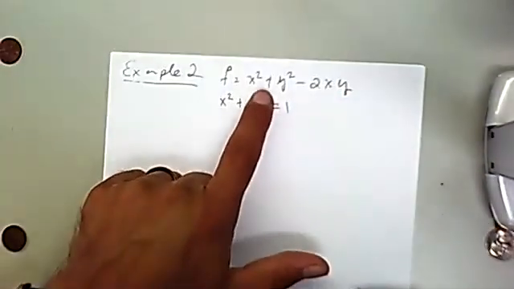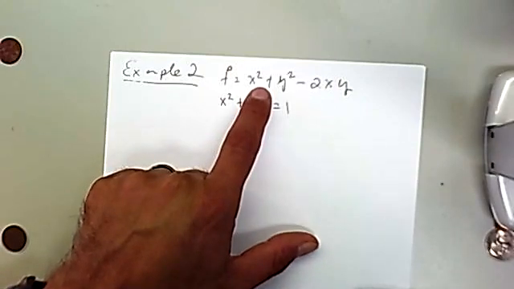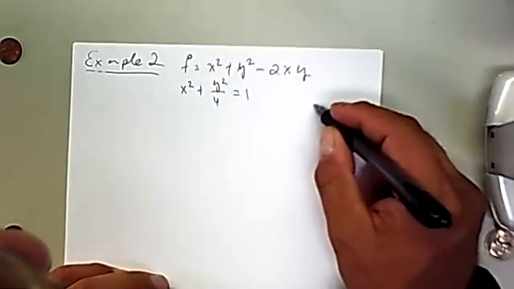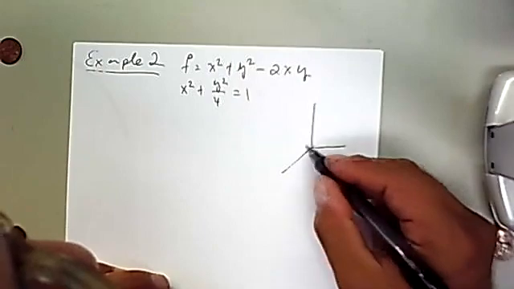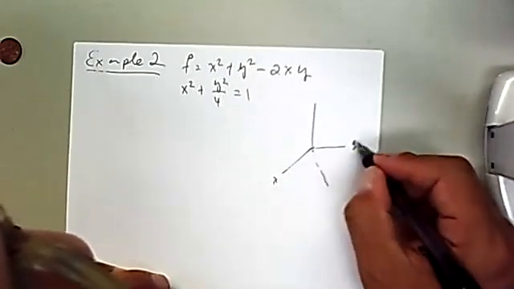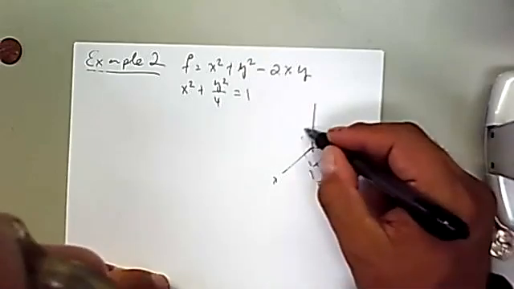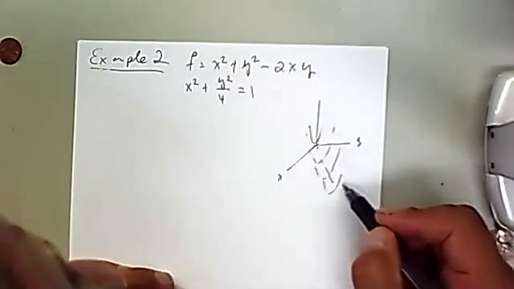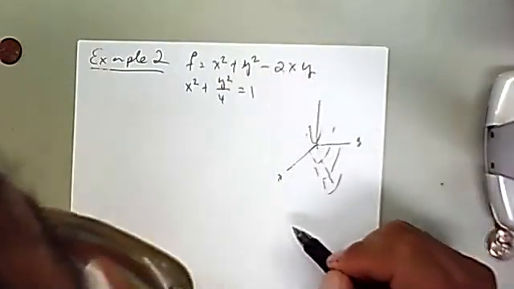We analyzed this function a little bit in a previous video. If you go down this diagonal, the 45 degree diagonal between the x-axis and the y-axis, then we have parabolas opening up. So it's kind of like a hard shell taco, if you will, opening up on this diagonal.